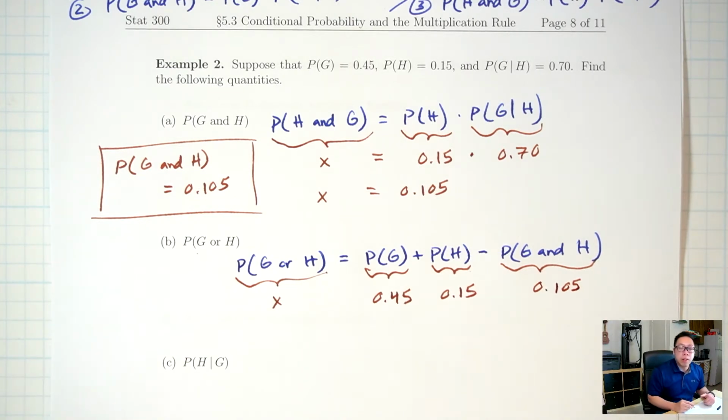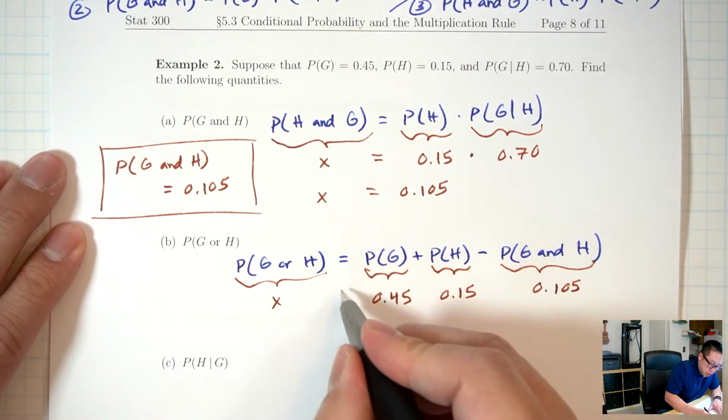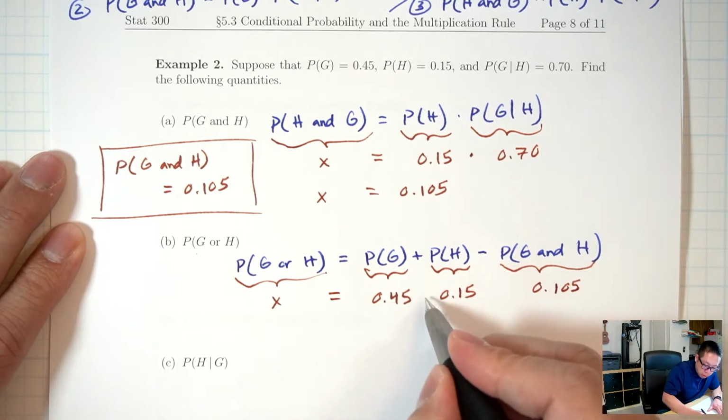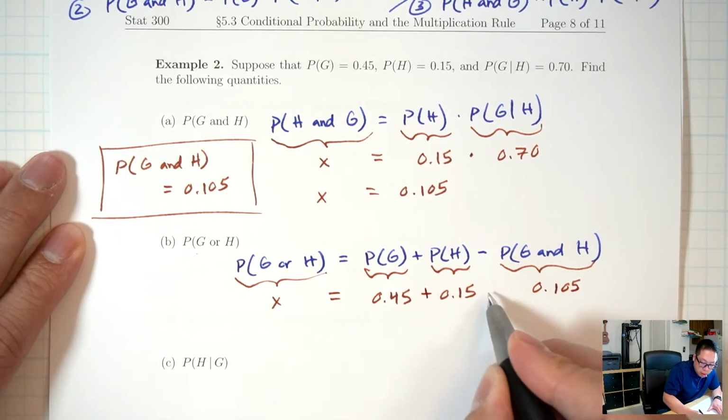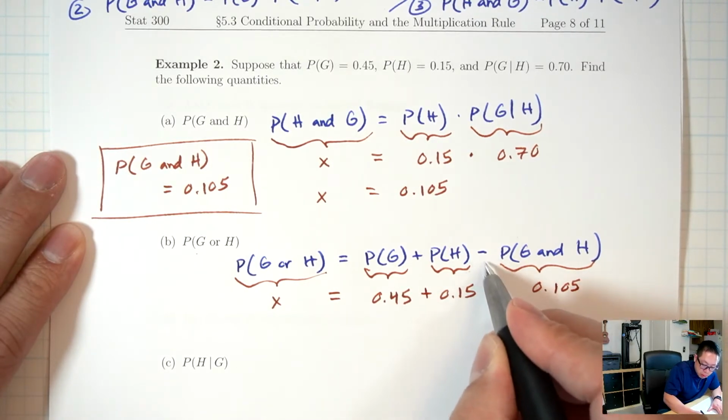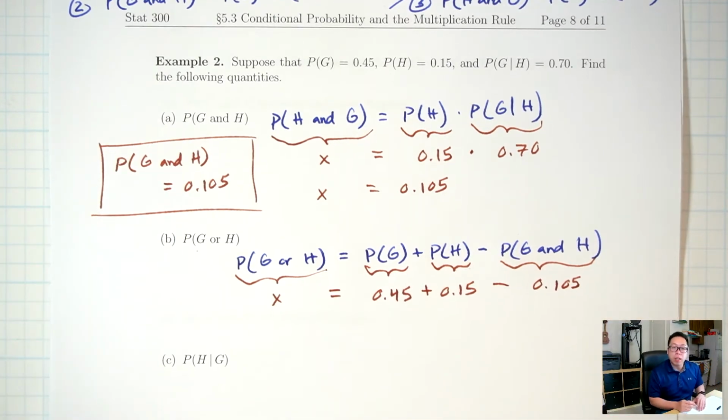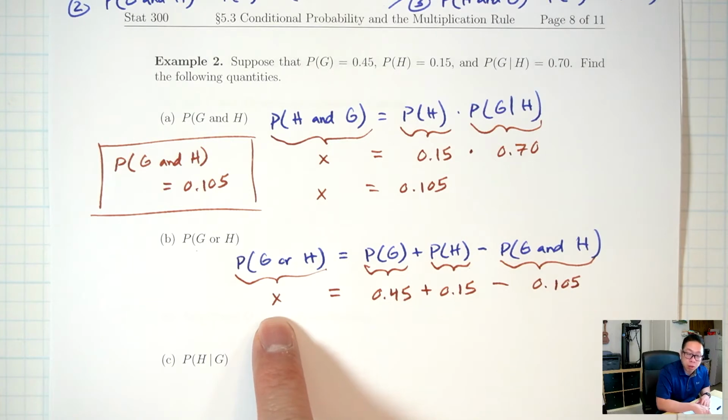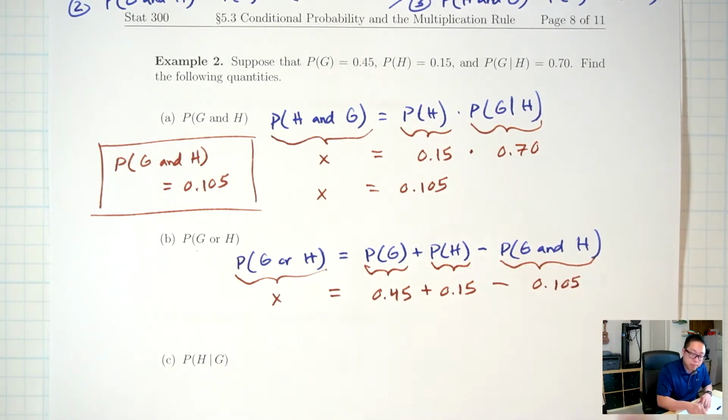And then go through and fill in the symbols. So there's an equal sign right here. Be careful. There's a plus sign in the middle here. And then between these two, there's a minus sign. And then your job is to get the X by itself. The X is already by itself. So all you need to do is simplify the right side.